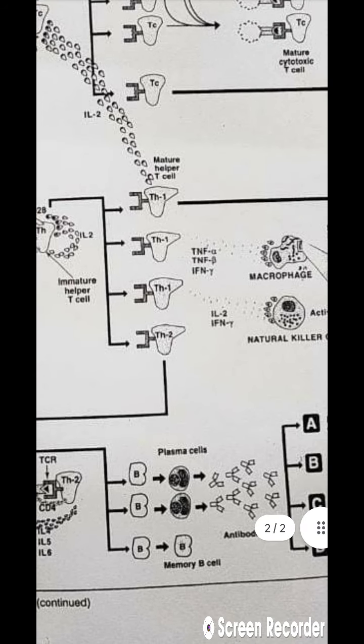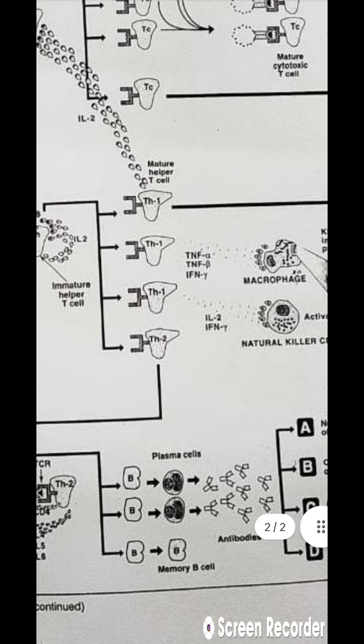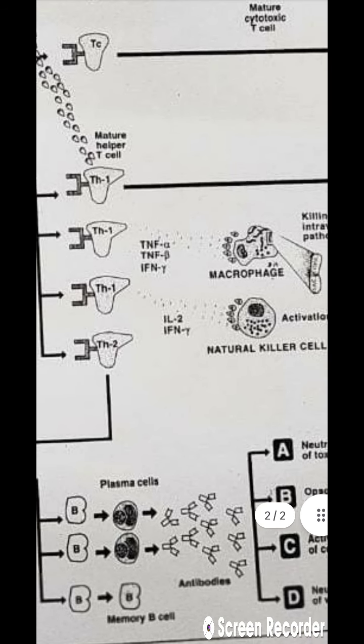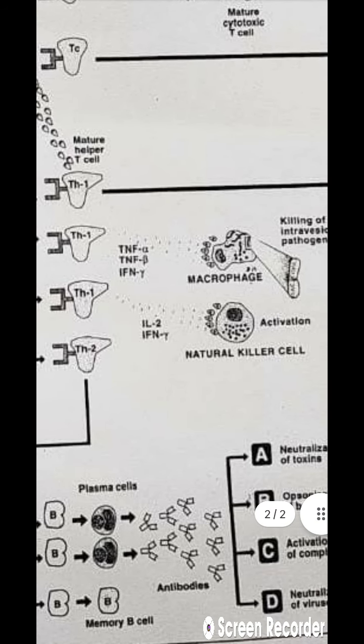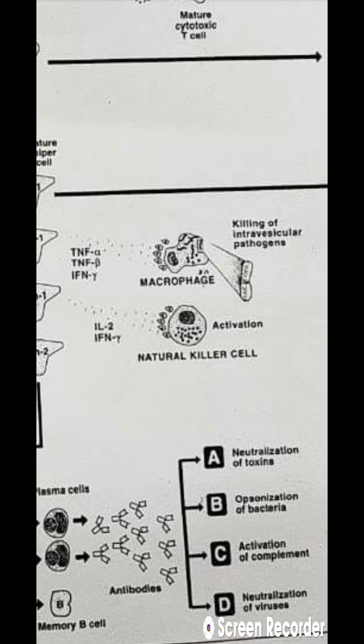So this TH1, besides giving help to the upper row, also releases some tumor necrosis factor alpha and beta, and also some interferon gamma. They are all cytokines that act on the macrophage, and this macrophage gets activated.